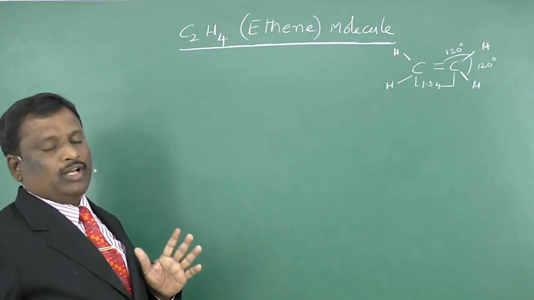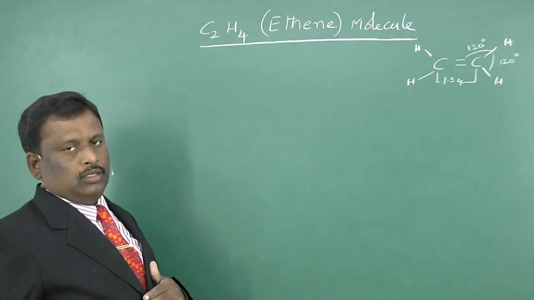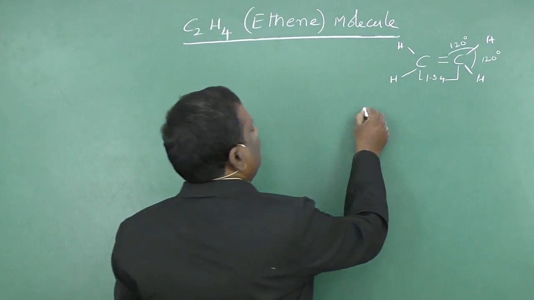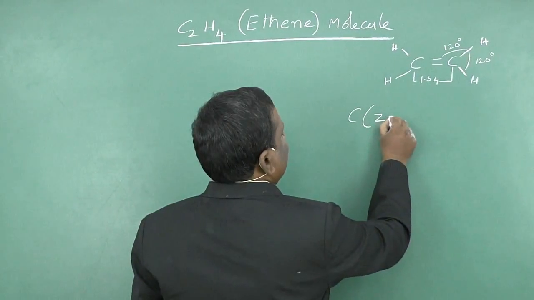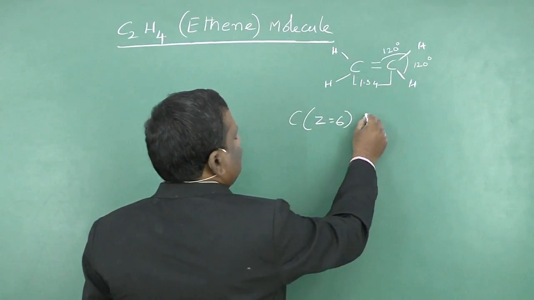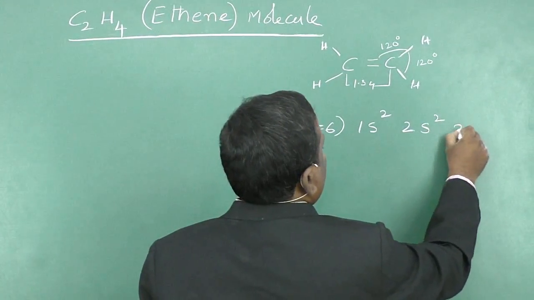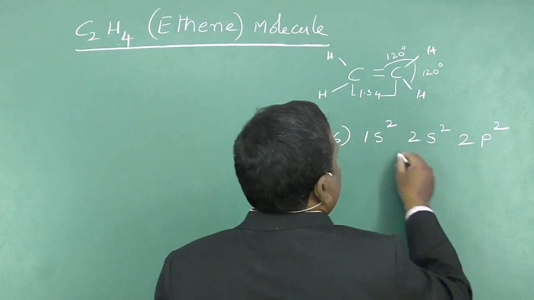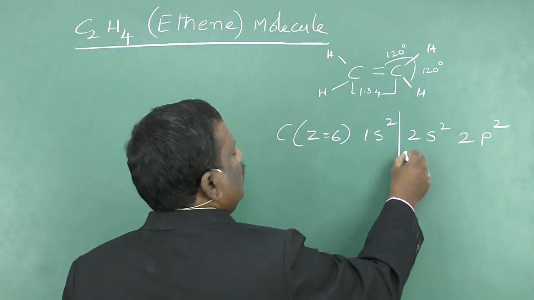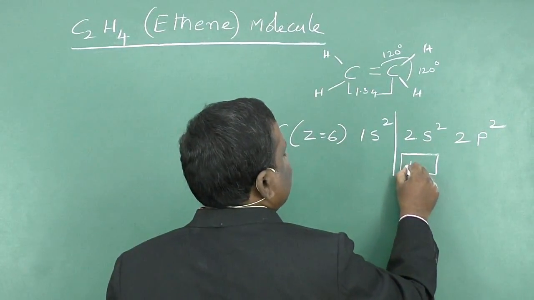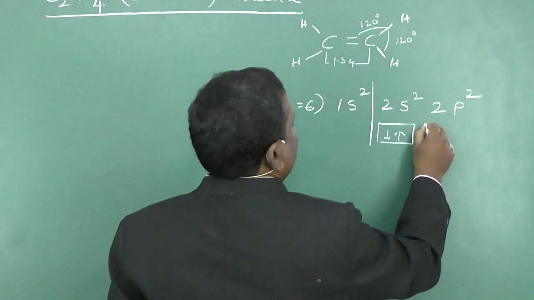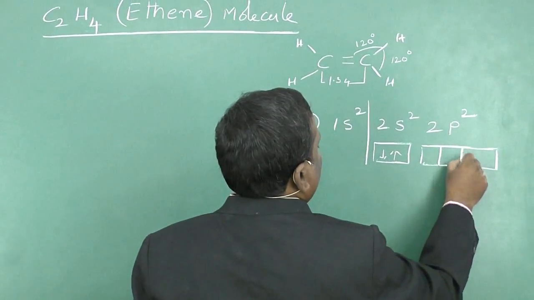So here we have 2 carbon atoms as central atoms. The electronic configuration of carbon, Z is 6, is 1s2, 2s2, 2p2. That is, in the valency shell of carbon, we have 2 electrons in 2s orbital and 2 electrons in 2p orbital.